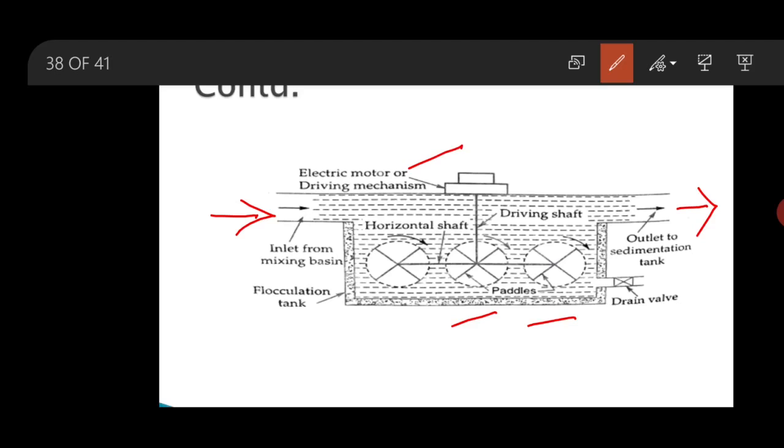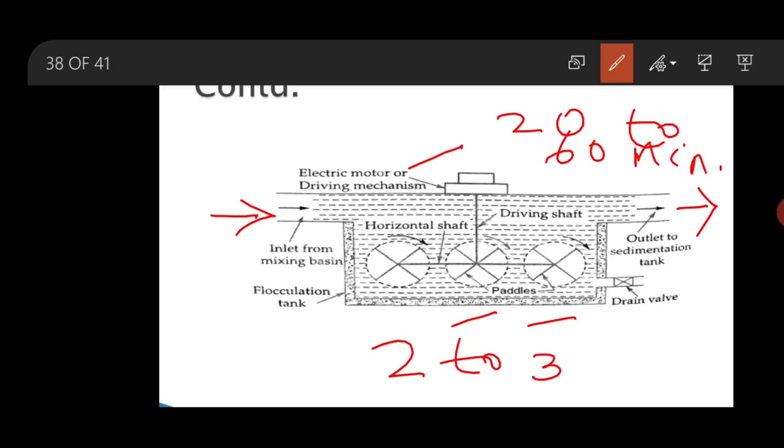Here the paddles usually rotate at a speed of about 2 to 3 rpm, and the detention period here varies from 20 to 60 minutes. So this is all about the mixing devices.